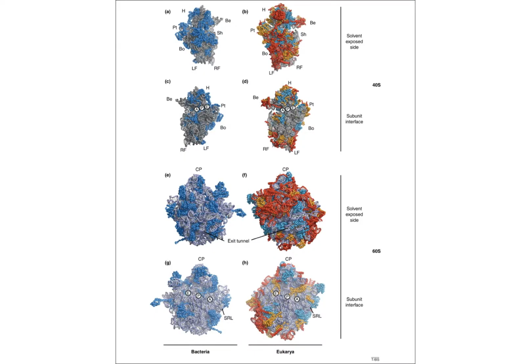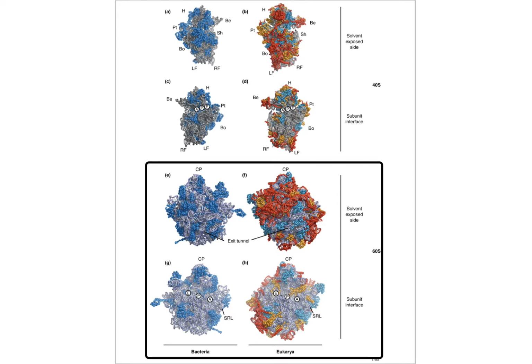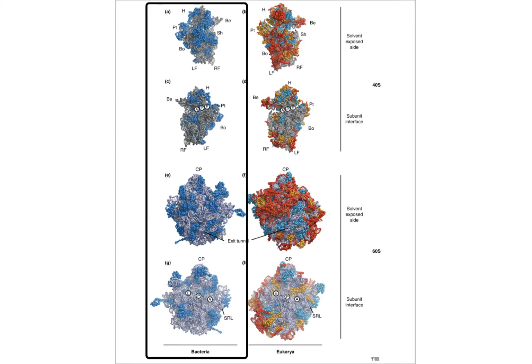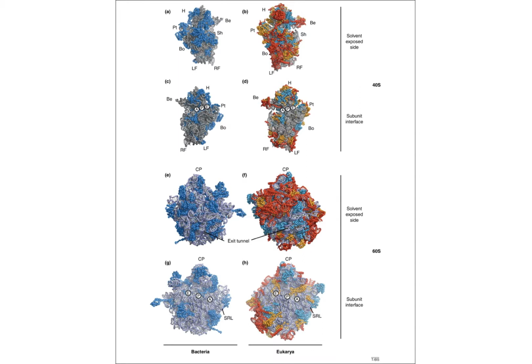And here's a comparison between the large ribosomal subunits and the small ribosomal subunits for bacteria on the left and eukaryotes on the right. You can see there have been size changes, and there are certain characteristics such as different loop-outs. But in general, the location of the A, P, and E sites and other functions of the ribosomes, especially the central portions, are very similar in the two, and they perform the same function.